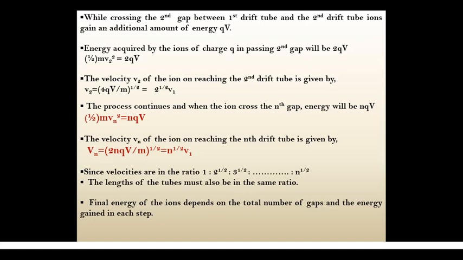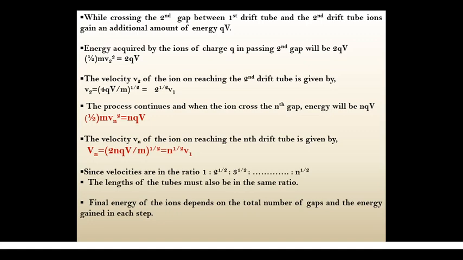Half m vn square is equal to nqV, and simplifying we can write vn as root of 2nqV by m. In terms of v1, root n into v1. So vn is equal to root n into v1.